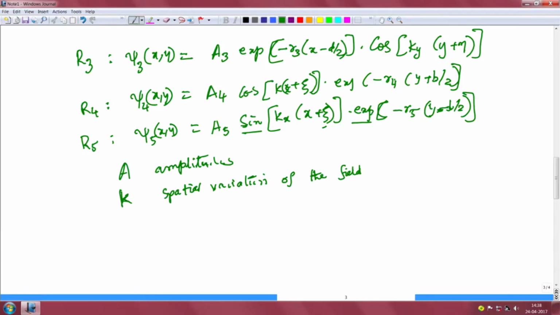You can say they are spatial frequencies, and gamma can be called as a decay constant. But once again look more carefully at these constants K, which are used for different regions.